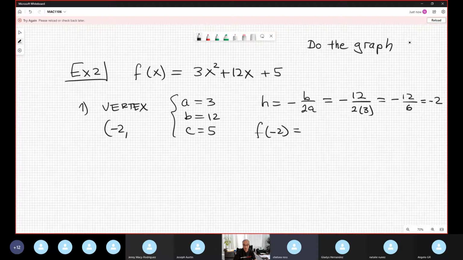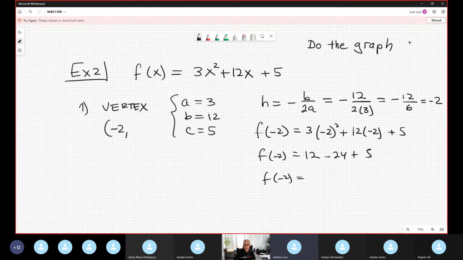And that's it. 3 times negative 2 squared plus 12 times negative 2 plus 5. f of negative 2 is, negative 2 squared is 4, and 4 multiplied by 3 is 12, and 12 minus 24, since 12 multiplied by negative 2 is negative 24, plus 5. Okay, so now 12 positive minus 24 is negative 12, plus 5 is negative 7. That's k.